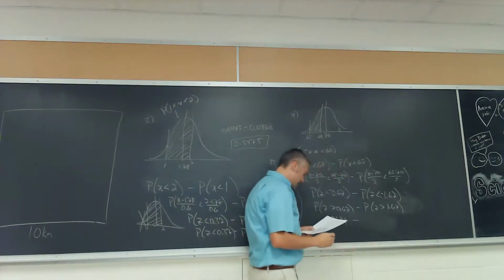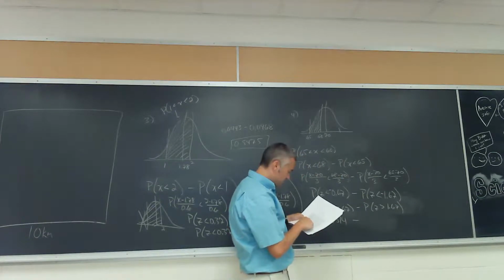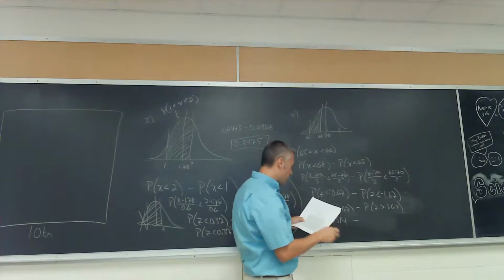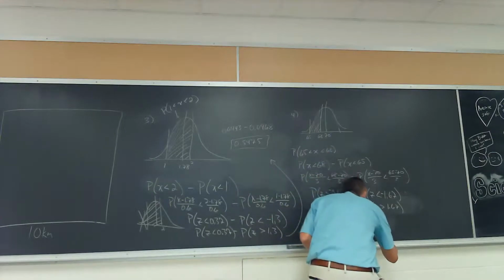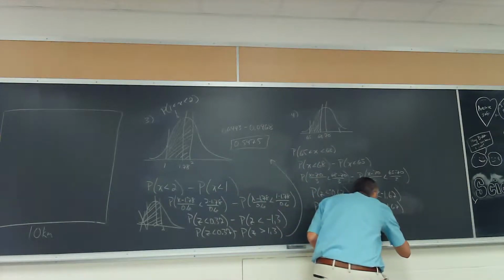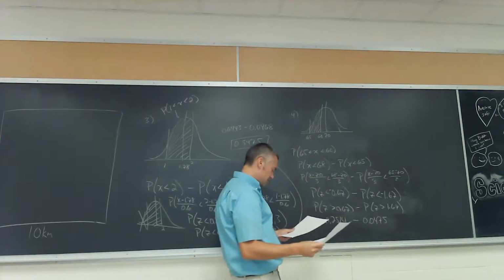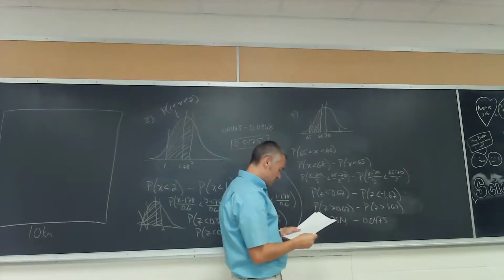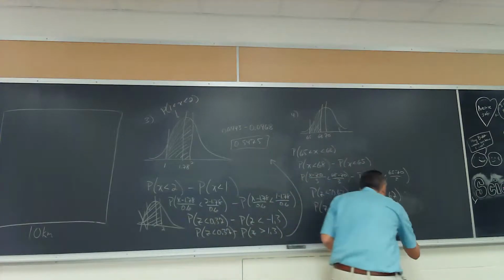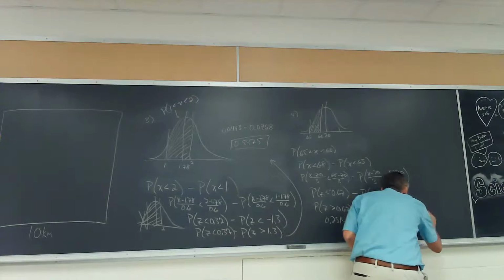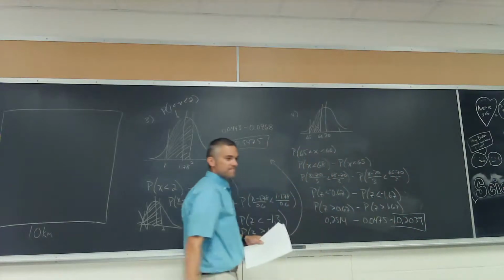And I'm going to subtract out the 1.67. So go down to 1.6, read across 0.7, 0.0475. And then that gives me a total of 0.2039. Right. Get that?